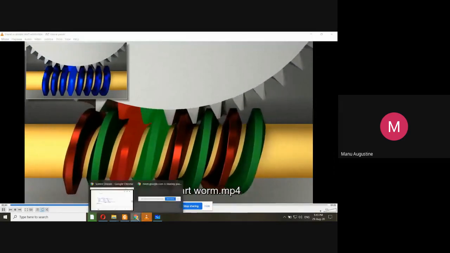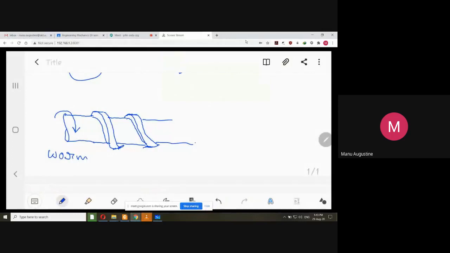So if you have threads like this, in one revolution of the worm, what you get is a horizontal distance from one top of the thread to another adjacent top of the thread. This is called the pitch of the thread or the pitch of the worm. It is denoted by small p.